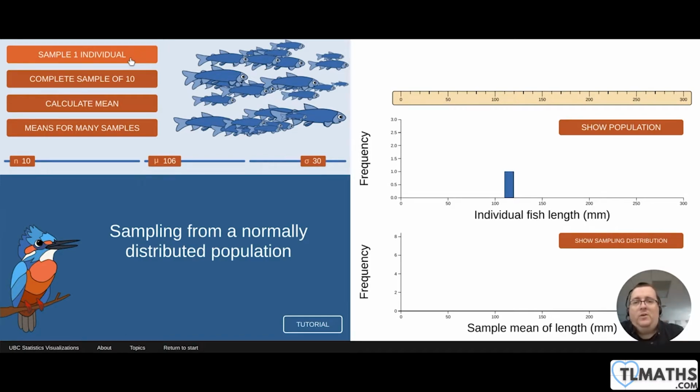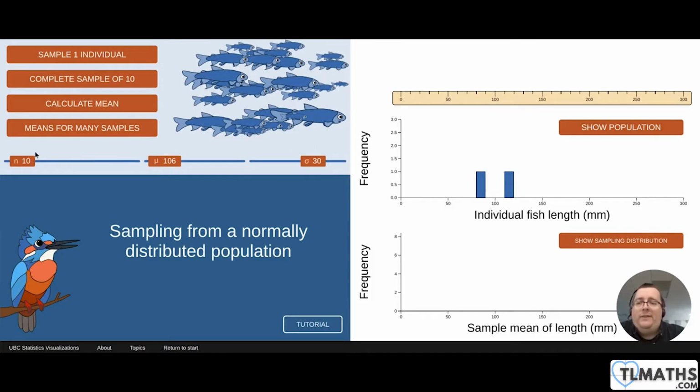Okay, so I could take another fish, 87 millimeters that time. So it's randomly selecting from a population distribution of mean 106 with a standard deviation of 30.